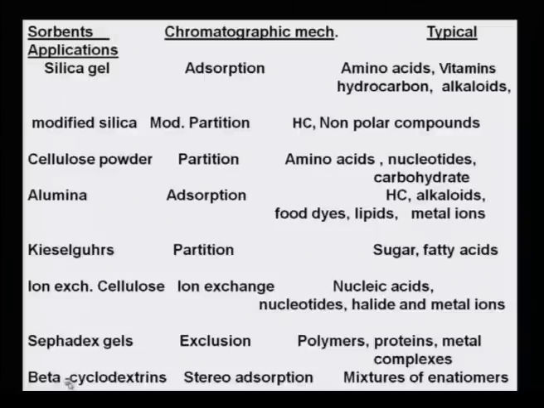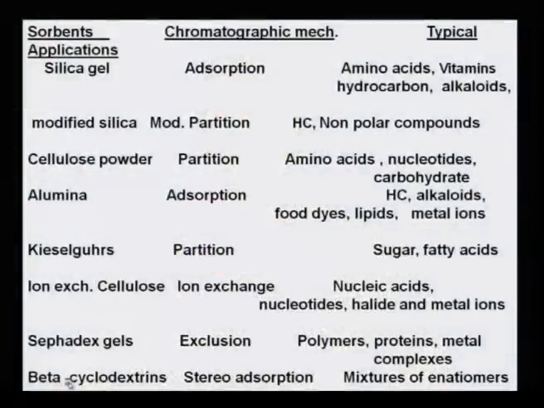Alumina is another type of chromatographic sorbent, and here the mode of chromatographic mechanism is adsorption. It is used for food dyes, lipids, metal ions. Kieselguhr is another type of sorbent where it undertakes mechanism by partitioning, and it is specifically used for sugar and fatty acids.